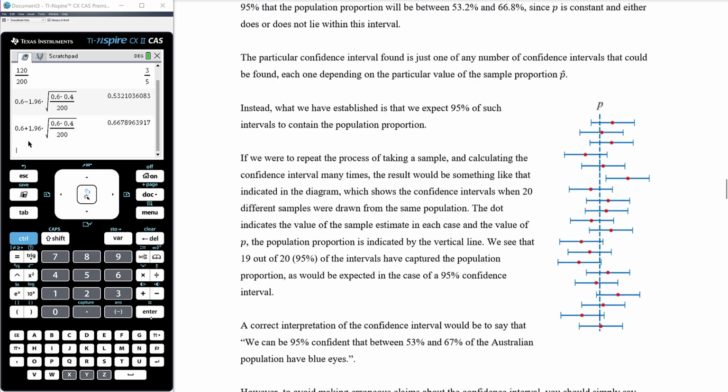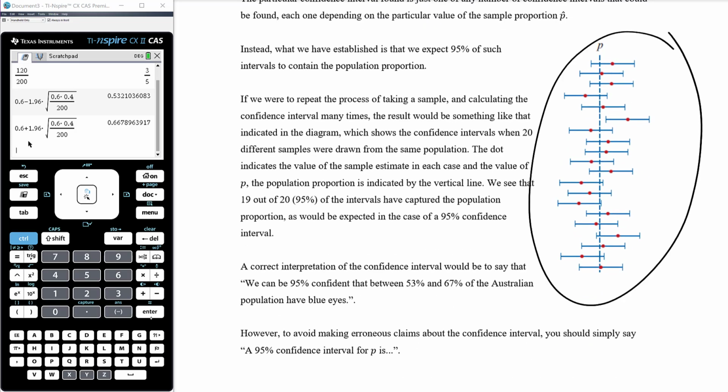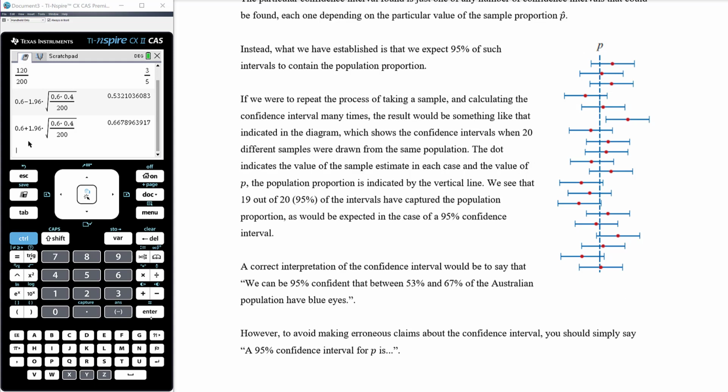Say for example here in this diagram, we've got 20 different samples. In our first sample, that might be the sample proportion, that might be the confidence interval we calculate, and yes, p hat is within that interval. And what we would find is that if we did 20 intervals, we would expect that in one of them, which is 5% of 20, this one, the population proportion doesn't actually lie in the confidence interval.